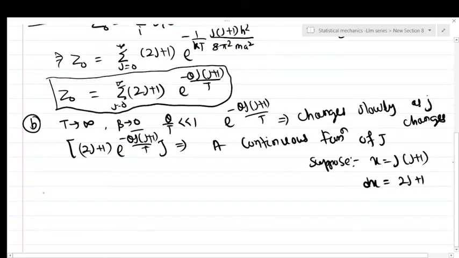So when T tends to infinity, our partition function can be obtained by the integration method. It is the integration from 0 to infinity of e to the power minus theta x by T dx. If you do the integration, the value will be T by theta.